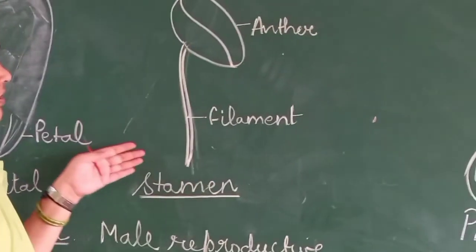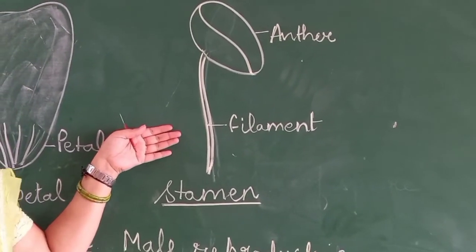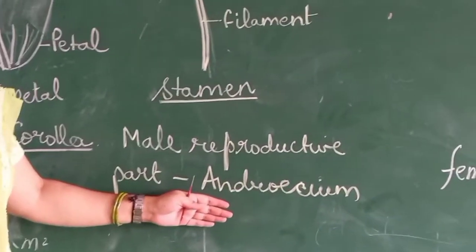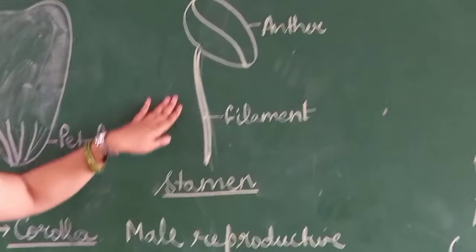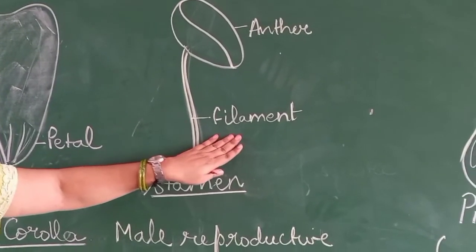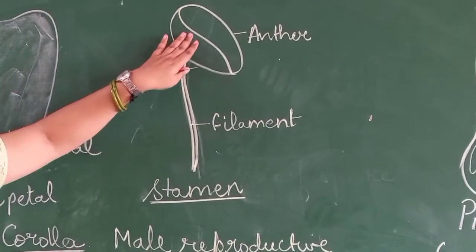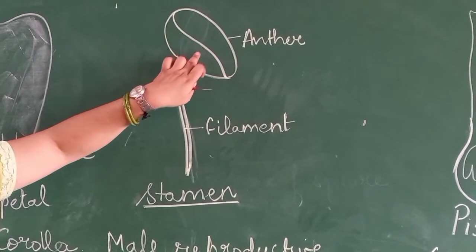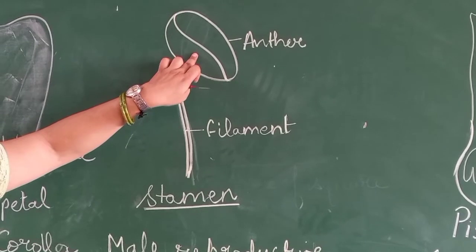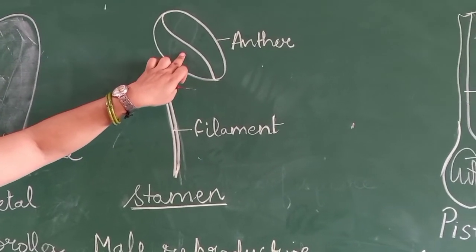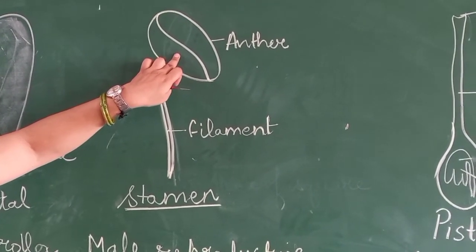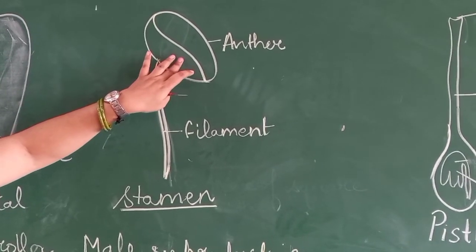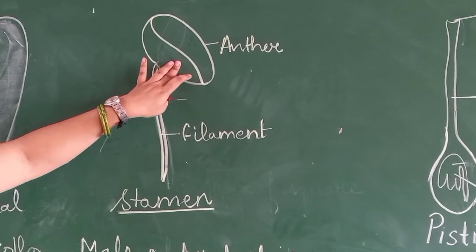Now the third whorl is the male reproductive part, and that is stamen. It is also known as androecium, and it consists of two parts. One is filament, a thread-like structure, and an anther, which is bilobed, meaning two lobes are present in it. And inside these lobes, anther sacs are present in which pollen grain formation takes place. And this is the male reproductive part of a flower.